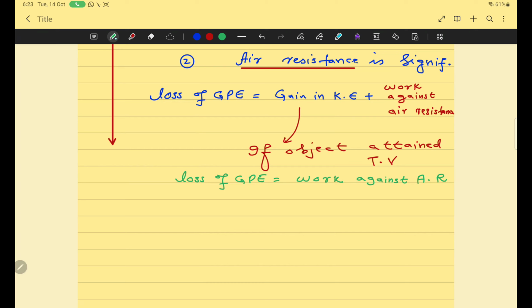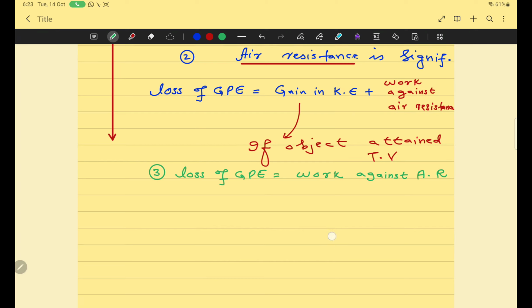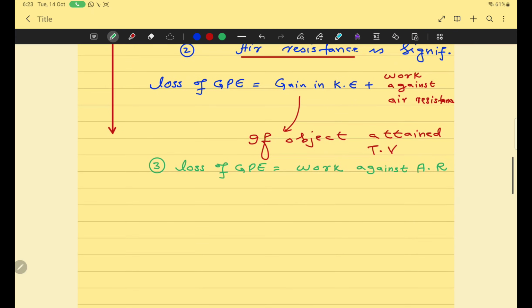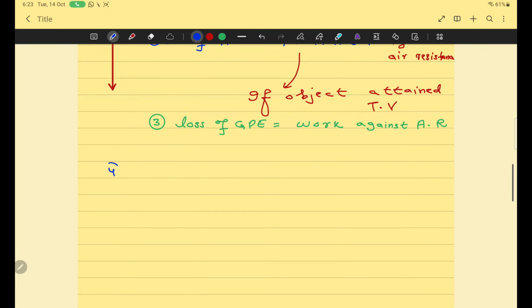And now I am teaching you the last case. Case number 4. Consider a rocket is fired in an upward direction or an aircraft is moving in an upward direction.